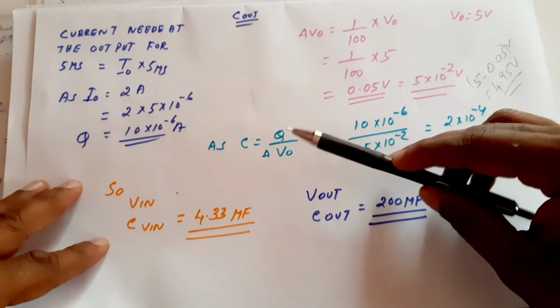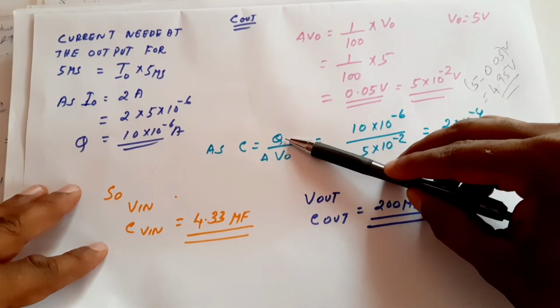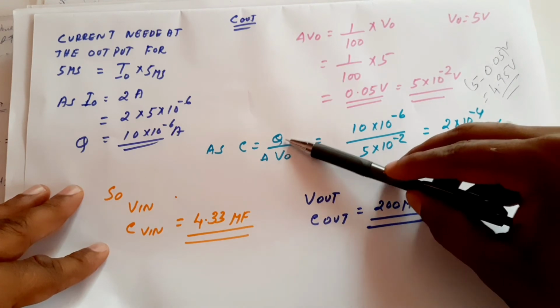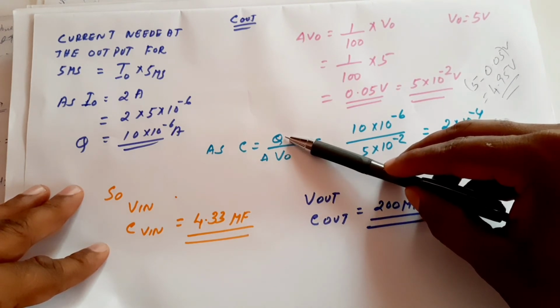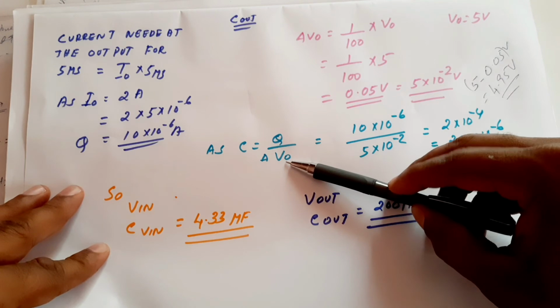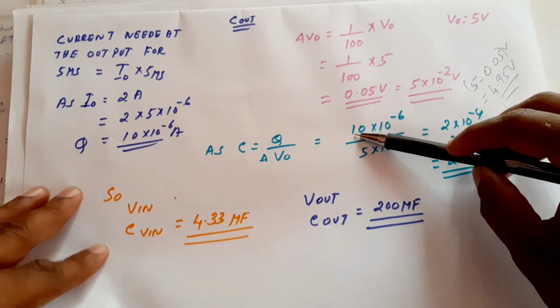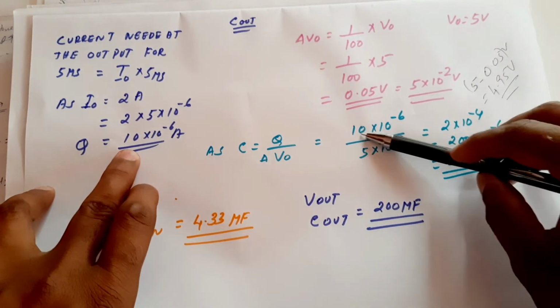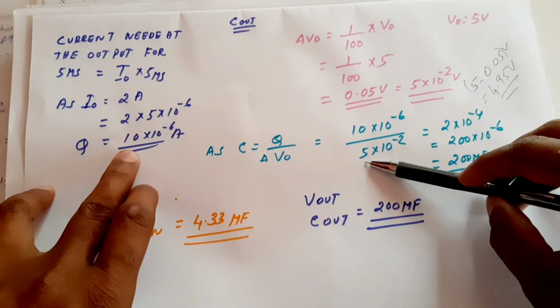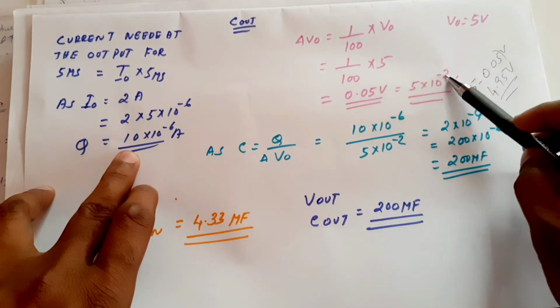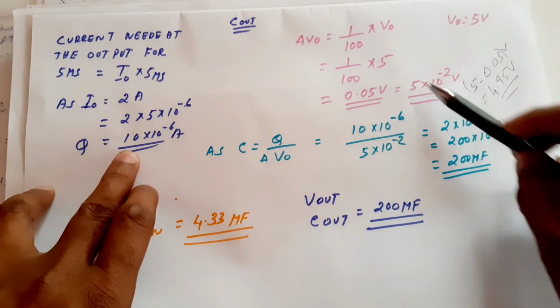As earlier, we can calculate that capacitance is equal to the charge flowing out of the capacitor divided by how much the voltage has changed due to this flow of charge. As we calculated, this is the charge flowing out of the capacitor, and the change in voltage is 5 into 10 raised to minus 2 volt, or 0.05 volt.